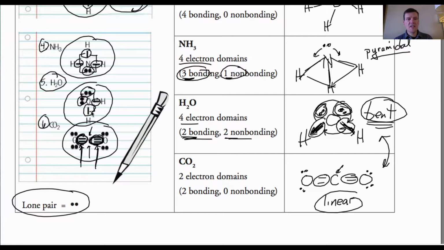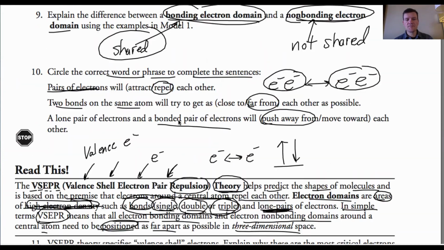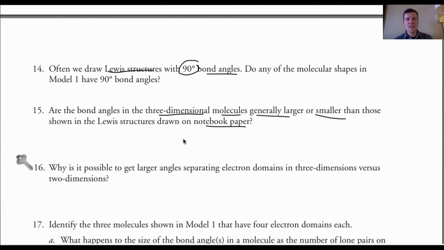But in reality, we've got more space than on a flat piece of paper. We allow these electron regions to spread around a three-dimensional area. That's all they're getting at here. So their point is that these actual angles are probably going to be greater than the 90-degree angles that we often draw on a flat piece of paper.